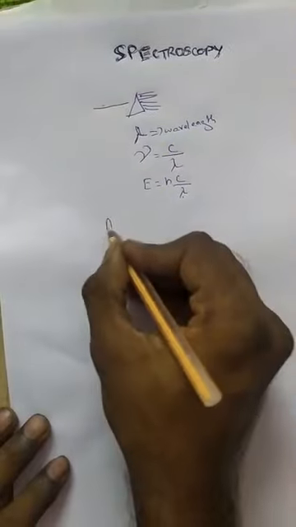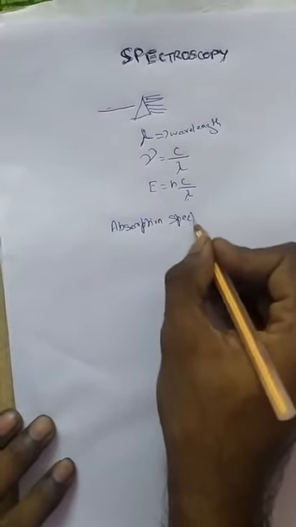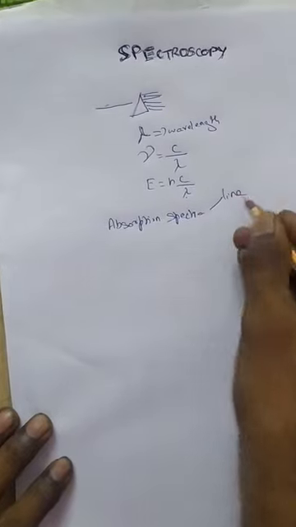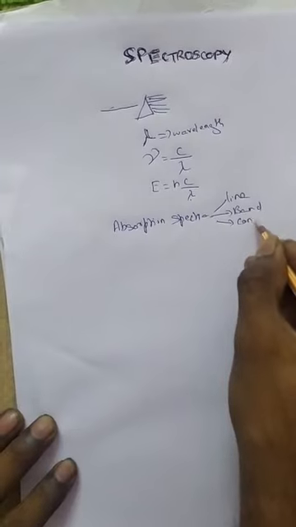Absorption spectroscopy is when a light is absorbed by the substance. There are 3 types of absorption spectra: line, band, and continuous.